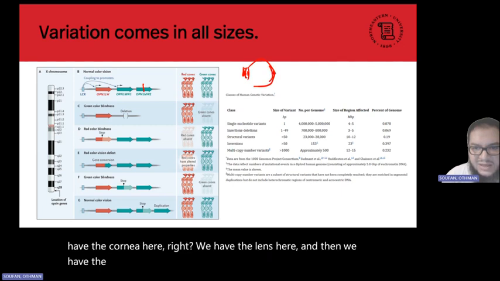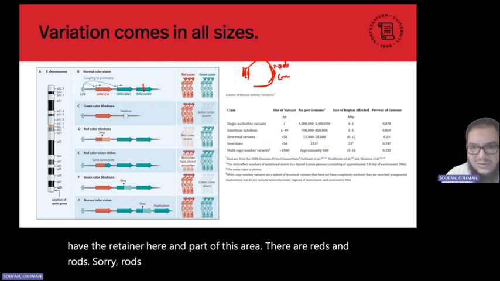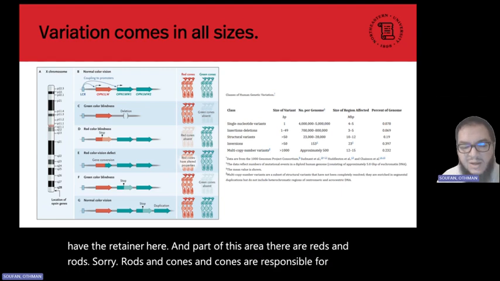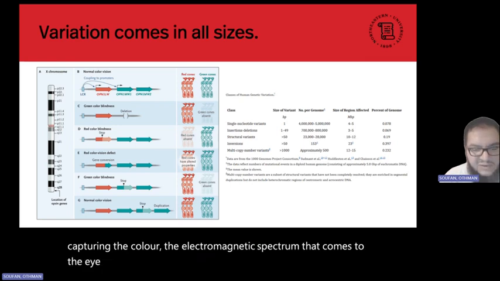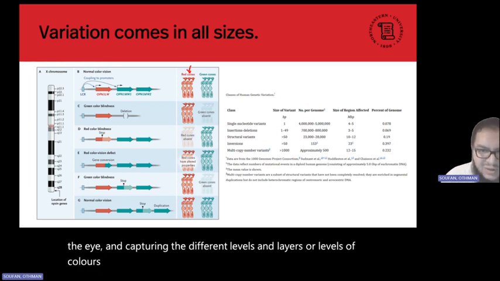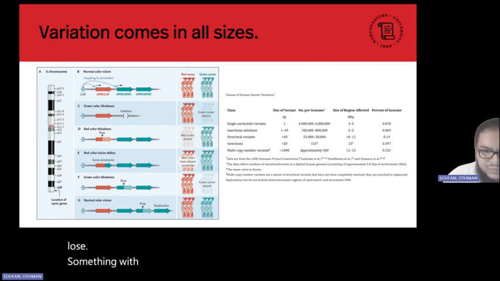In part of this area, there are rods and cones. Cones are responsible for capturing color, the electromagnetic spectrum that comes to the eye, and capturing the different levels of colors. So if anything happens with the cones, we are going to lose something with our vision.